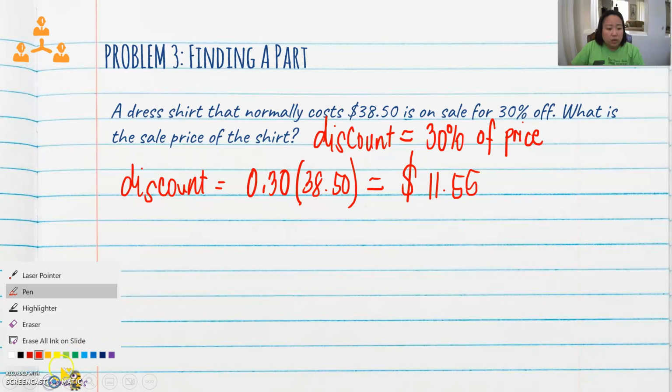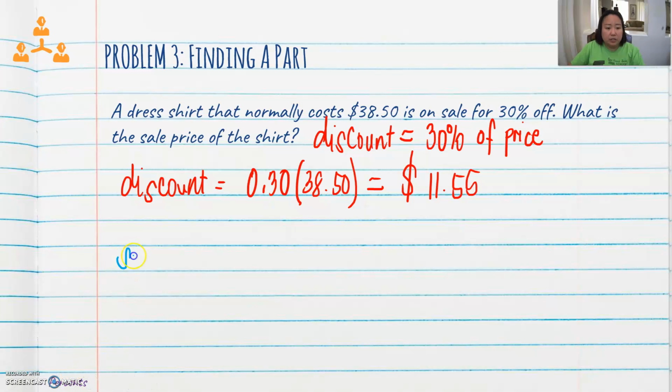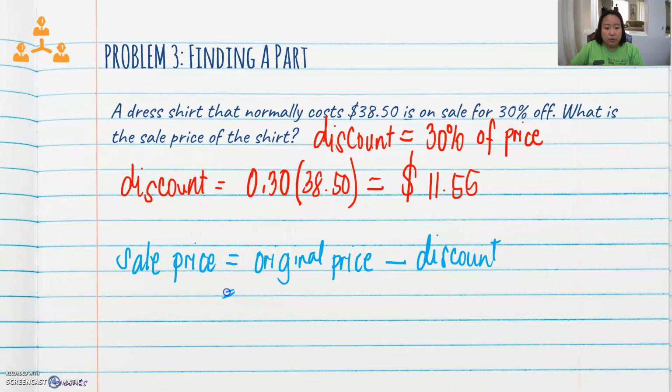And so if we are looking for the sale price now, the sale price is always the original price minus the discount, okay? In this case, our original price is $38.50. And now we are removing the 30%, which is $11.55.